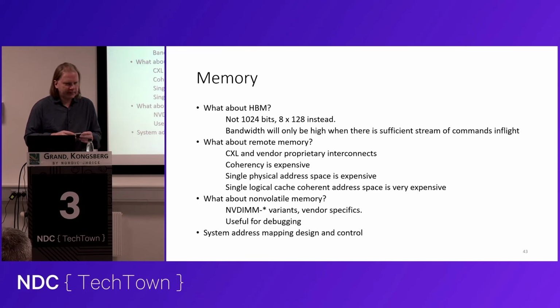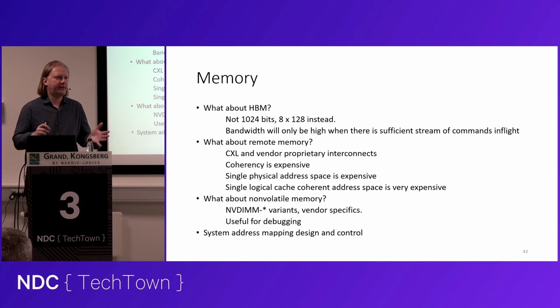Now, some open discussions about specialty memories and other domains related to the memory hierarchy. You might say we have heard of this fancy thing, HBM, high bandwidth memory. It has that many thousands of bits. That must be way faster. Well, from a technical point of view, that's not 1,000 bits. That's 8 channels, 128 bits each. So what does that mean? In order to utilize the bandwidth of HBM, you need to be able to send multiple outstanding commands into it.